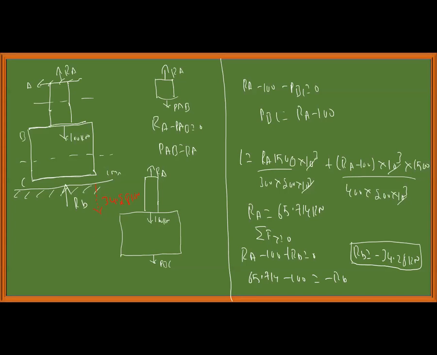Next, he has asked us to find sigma AB and sigma BC. This is straightforward. Is this conceptually clear?